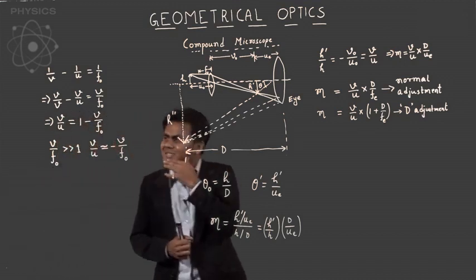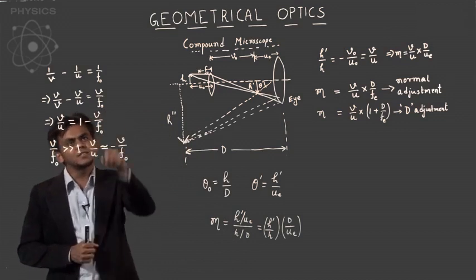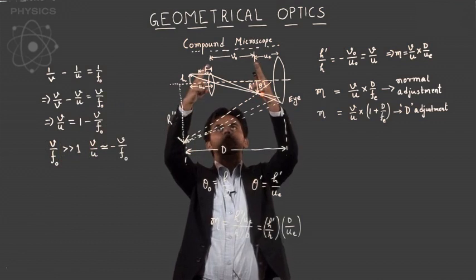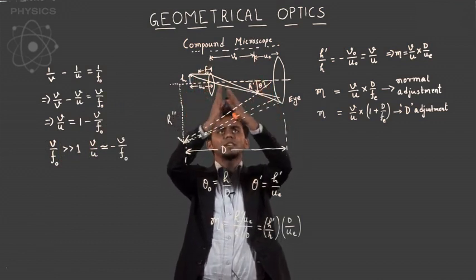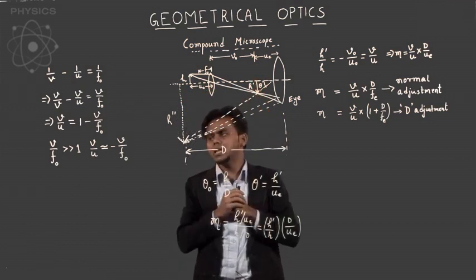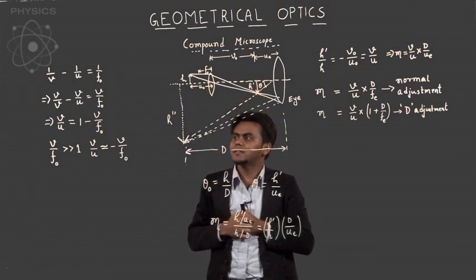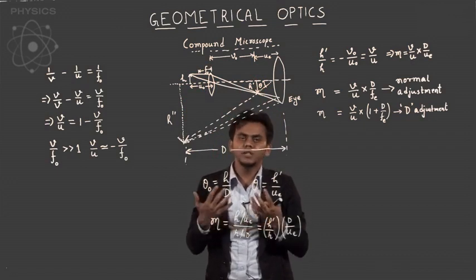Now, just try to understand what exactly is this V guy. This V guy is this thing which you're seeing, V naught over here, right? The separation of the image from the convex lens. And I know that that length actually is the length of the tube.